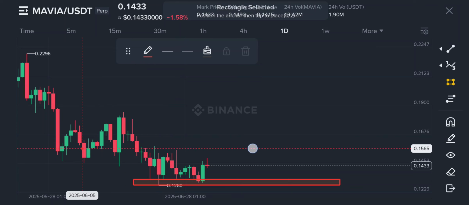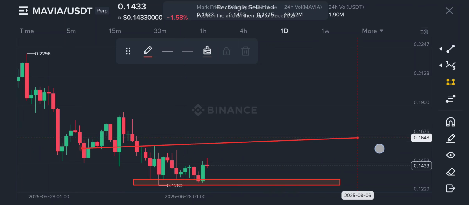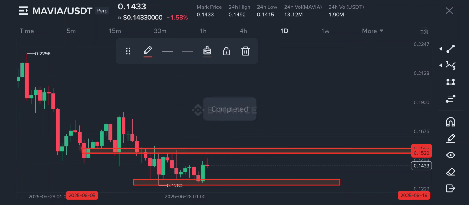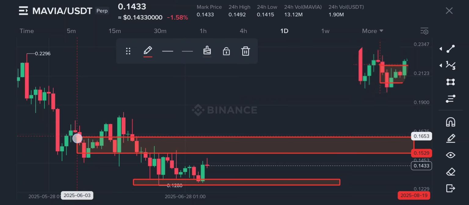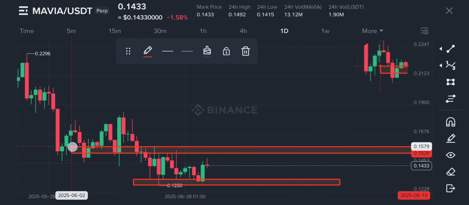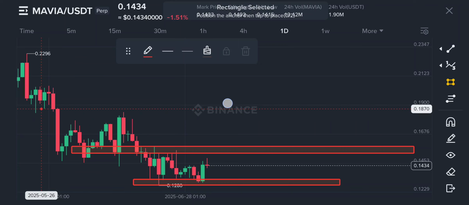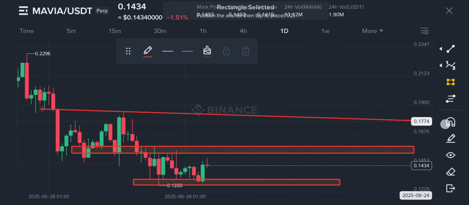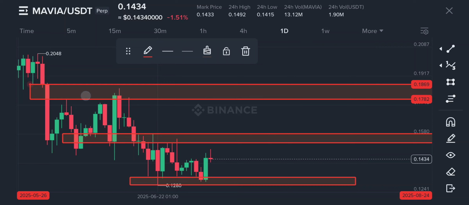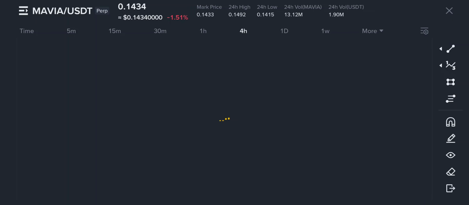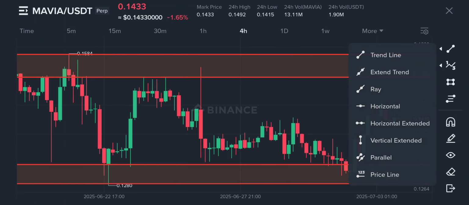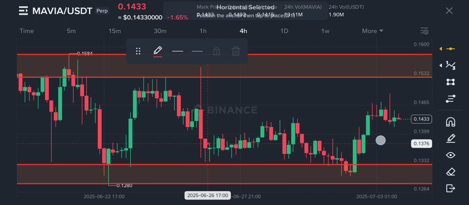I'm going to consider another one right here. Yes, that is correct. We'll put another area here. I hope you guys are seeing how I'm marking out these places. So this is what we have. So let's find out if we have support and resistance here. Yes, we have something here.